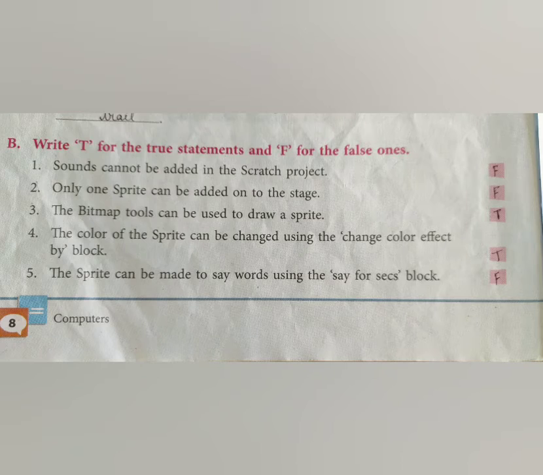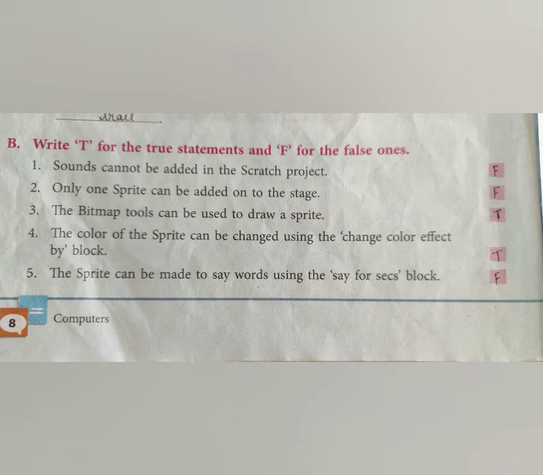Question number 3 is the bitmap tools can be used to draw a sprite. Yes, the statement is correct because the bitmap tools is used to draw a sprite. Question number 4 is the color of the sprite can be changed using the change color effect by block. Yes, the statement is correct.